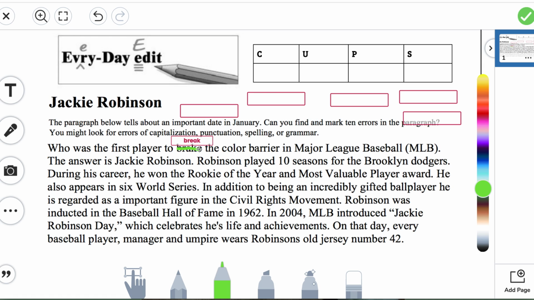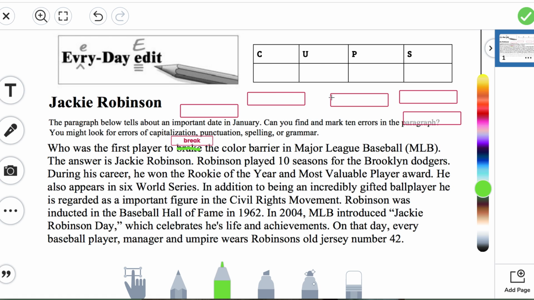Dealing with the C in CUPS, the U standing for usage, meaning like it's a verb used correctly, the P standing for punctuation, like periods, commas, apostrophes, or the S for spelling.